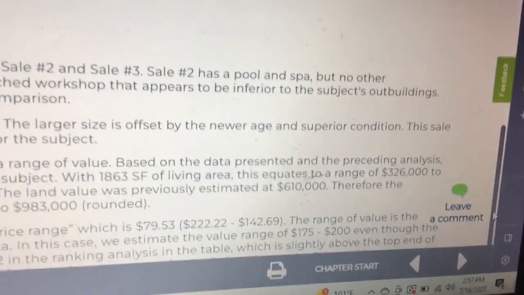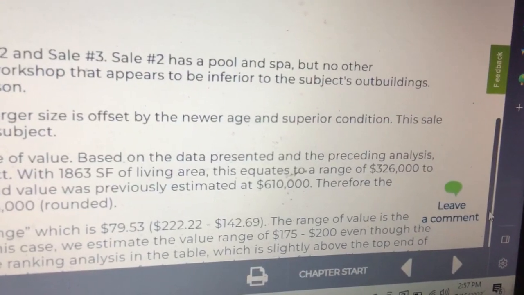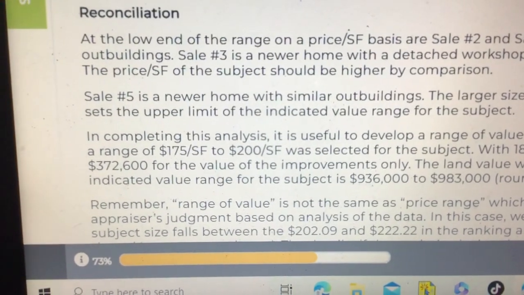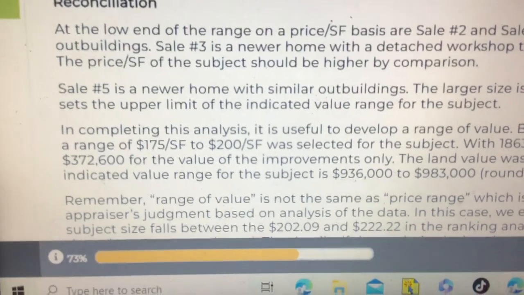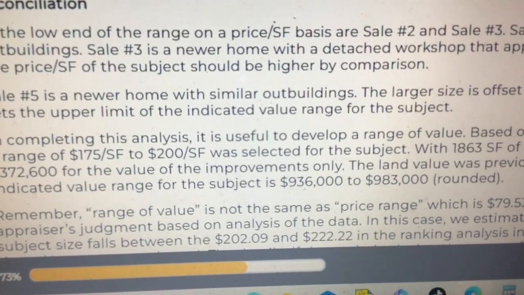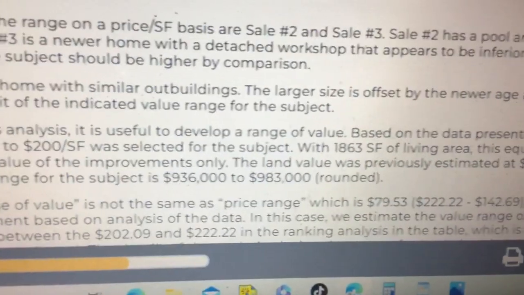This equates to a range of $326,000 to $372,600 for the value of the improvements only.